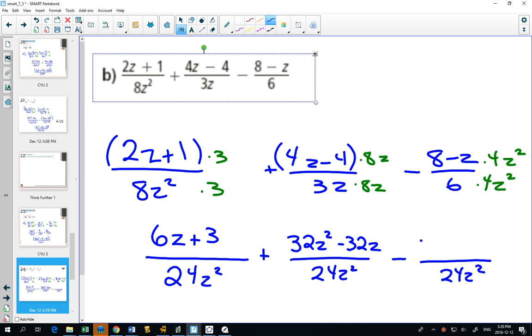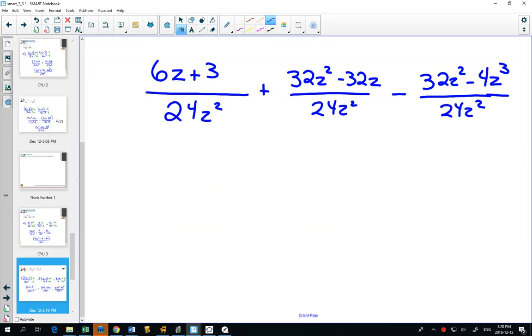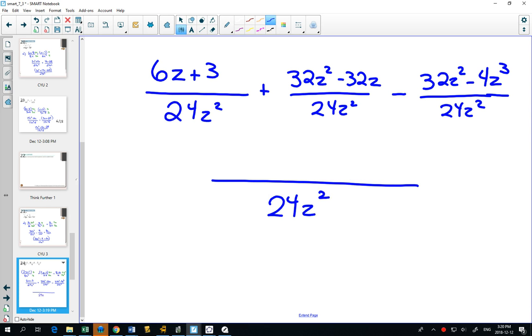And finally here we'll have 32z squared minus 4z cubed. And so our final answer will be all over 24z squared. Remember here, subtracting is the hard one, this negative is going to get distributed.